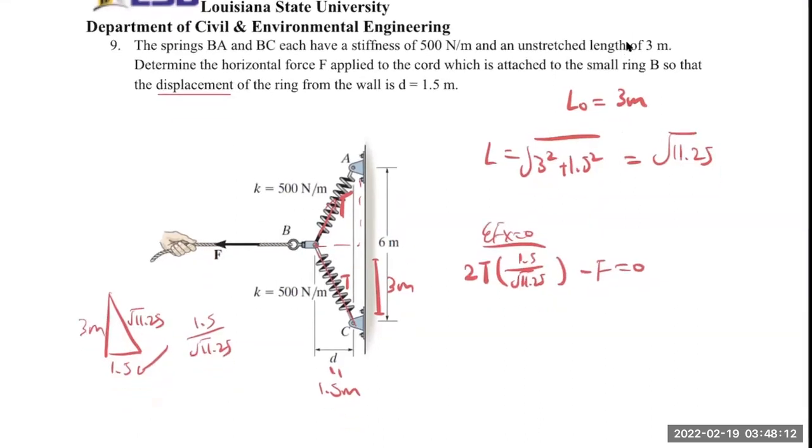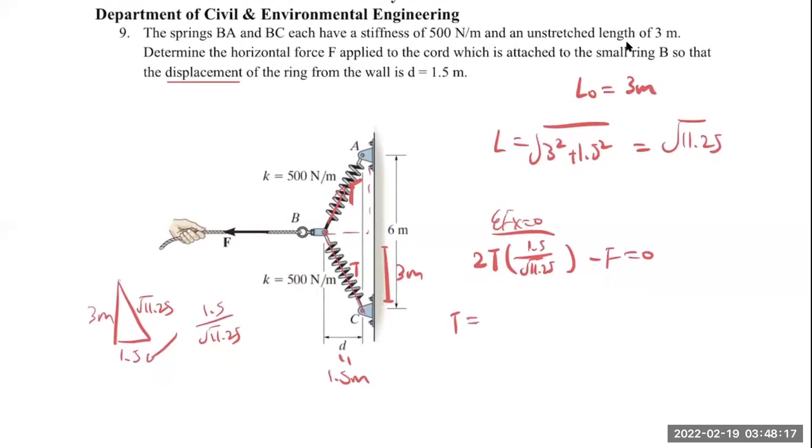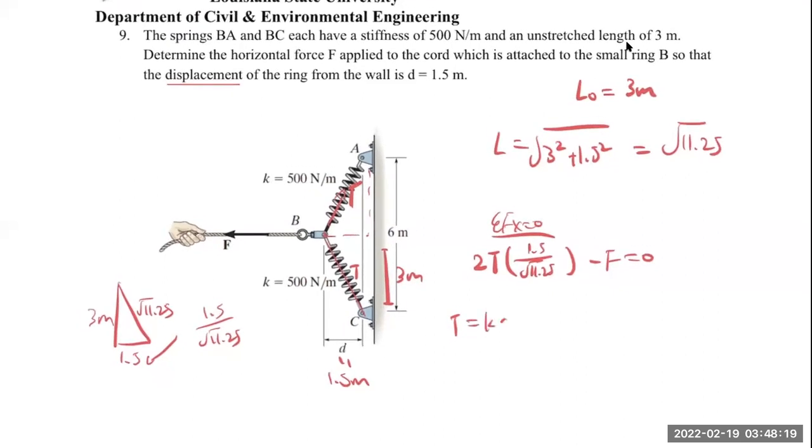I don't know what my T is. I know that T is a spring force, so that's ks. K is equal to 500 newtons per meter. What's my s?